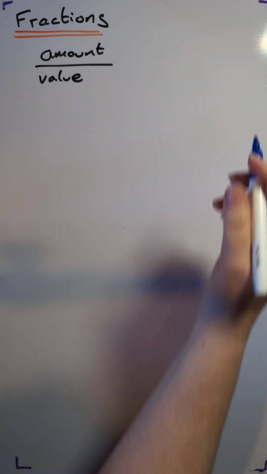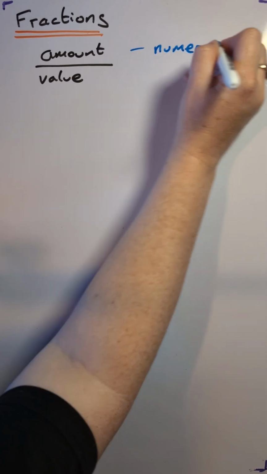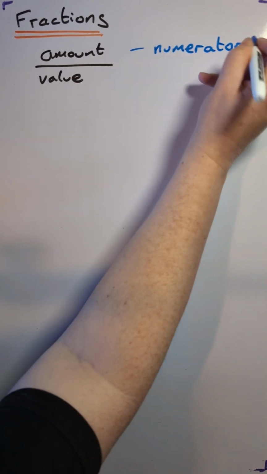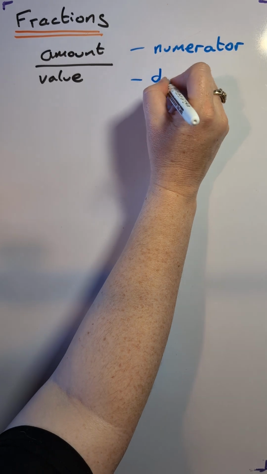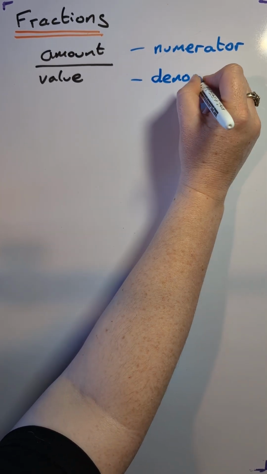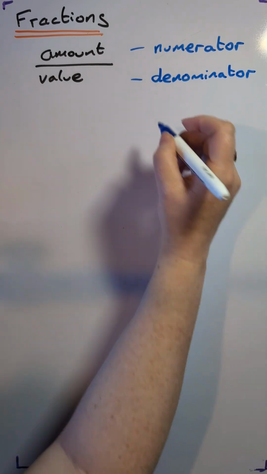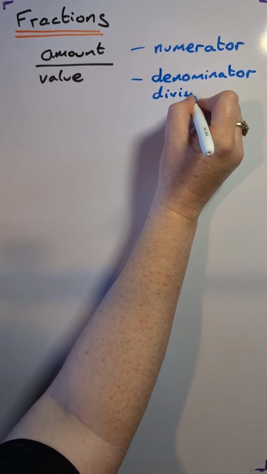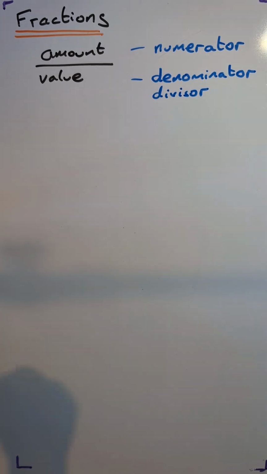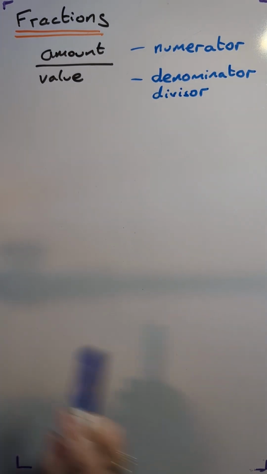The top number we call the numerator. The bottom number we call the denominator. It can also be called the divisor, but generally we talk about numerator and denominator.